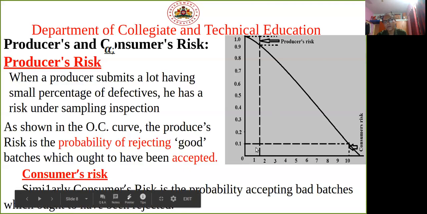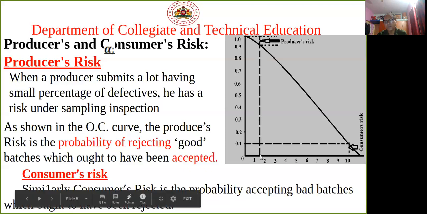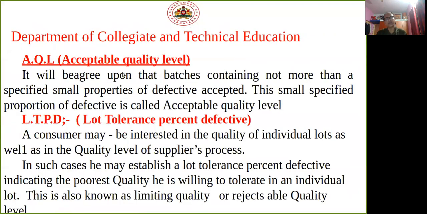This point, the line that has been drawn as a vertical dotted line, meets the horizontal line at, say, 1.5. That 1.5 in this graph is the acceptable quality level.